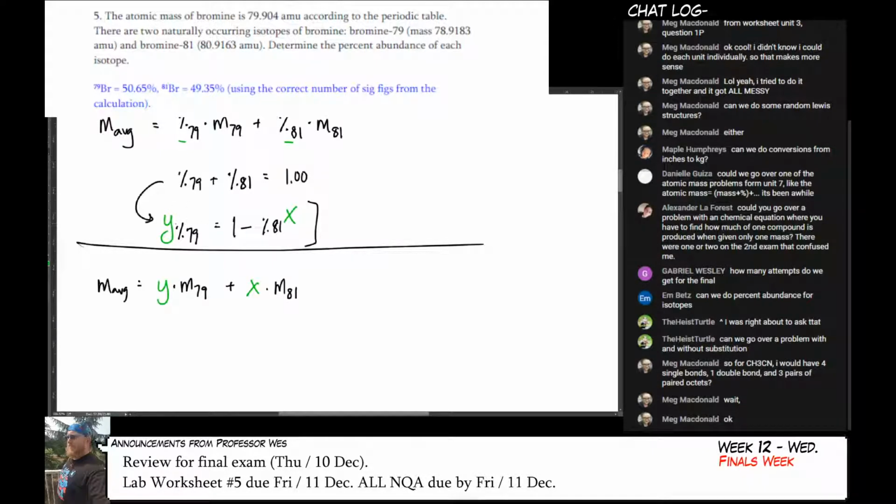Now, because this thing down here says Y equals something, I'm going to take that Y equals and just put it in here for Y. I'm going to stop with the green and black ink here. So that times percent 79 plus X times percent, or times... Oh, no, I'm sorry. Hold on. There shouldn't be any percents in here anymore. I've already substituted.